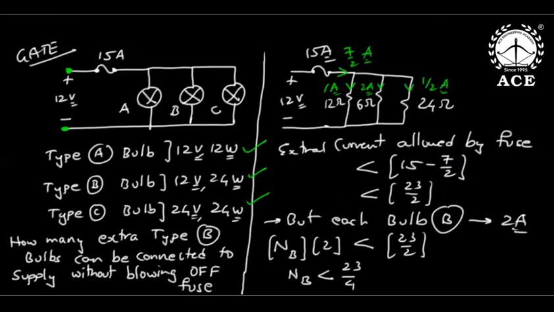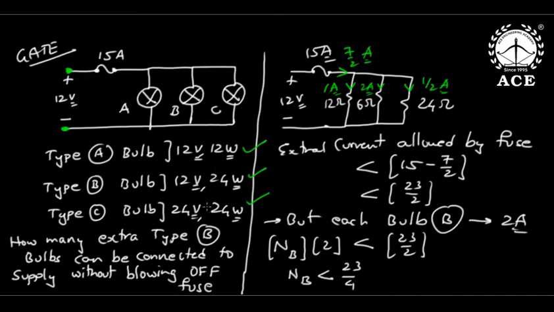See, like for type C bulb, we have 24 volts, but we are giving a supply of 12 volts. So if we keep the same bulb as it is, it is underrated, it will glow, but it will glow dim. If the voltage is reduced, will the current increase and the intensity be matched, or will it glow dim? No, depending upon the power rating, you have to see again.